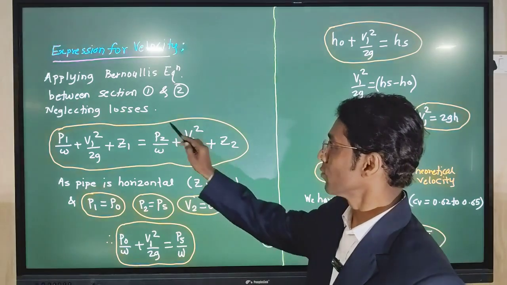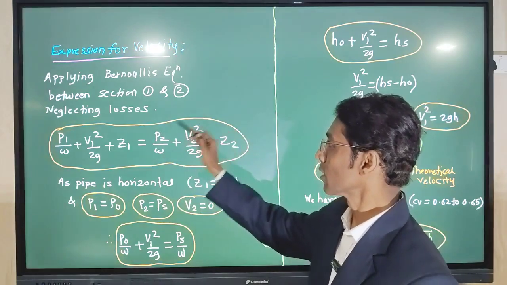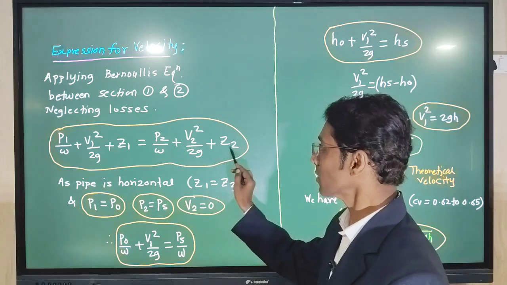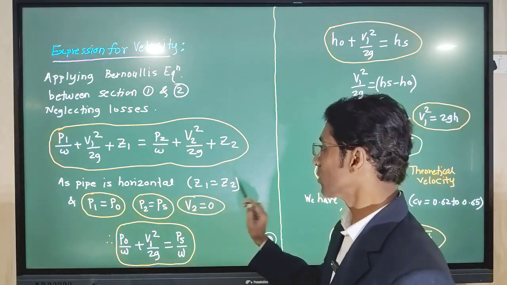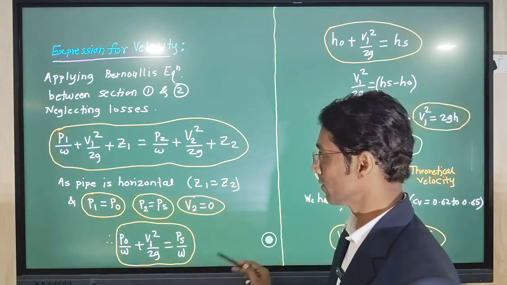As we say, ideal fluid, thus losses are neglected. As the pipe is horizontal, Z1 is equal to Z2, so these Z1 and Z2 terms will be omitted.